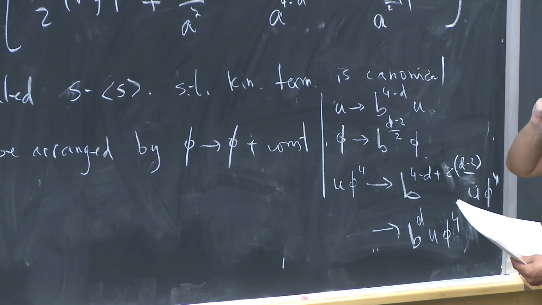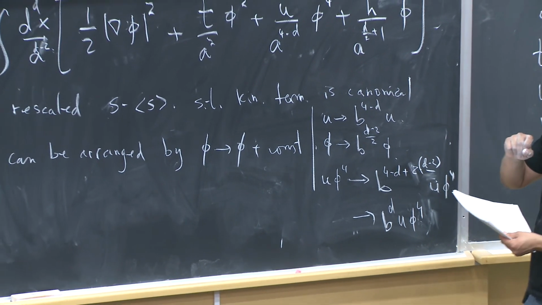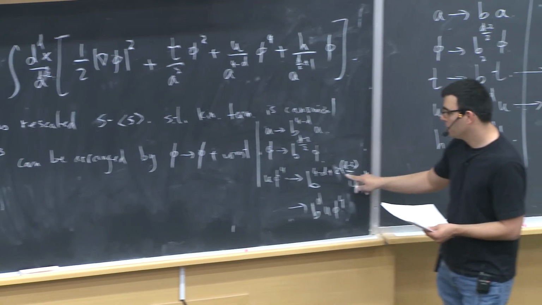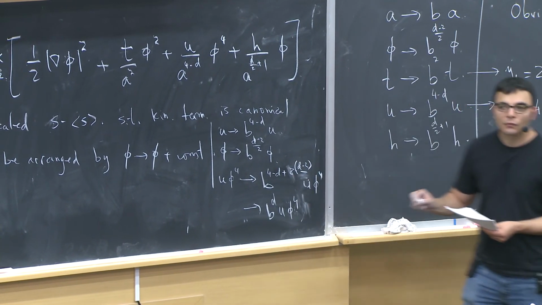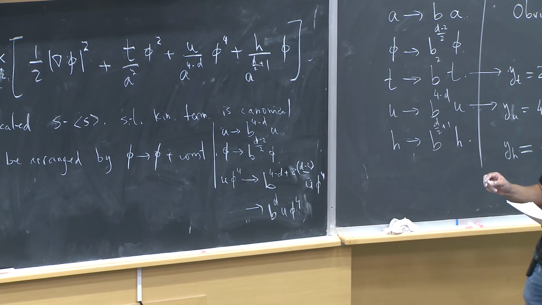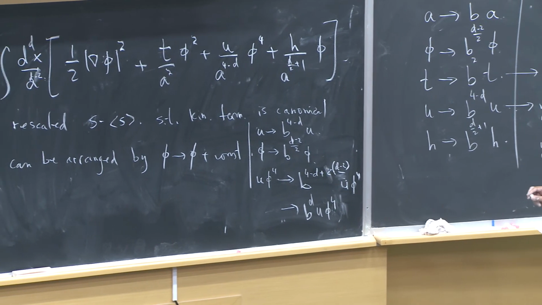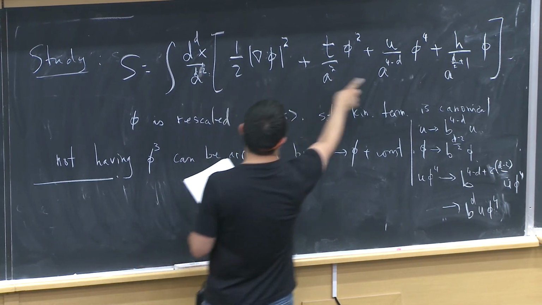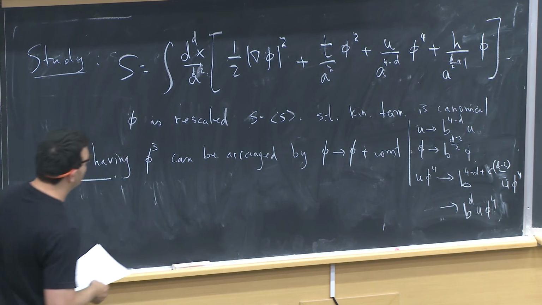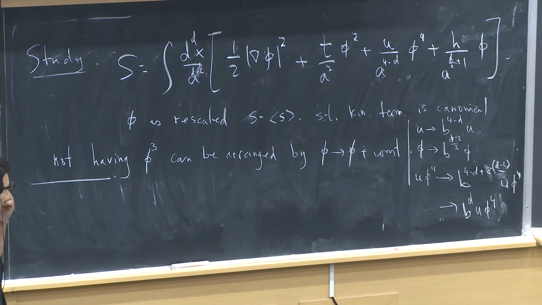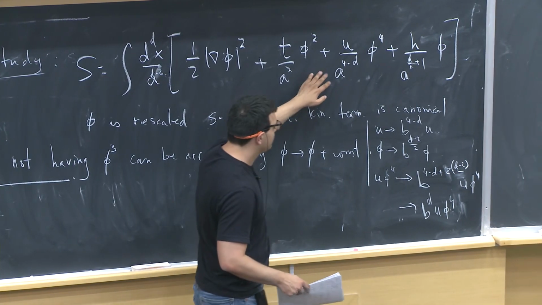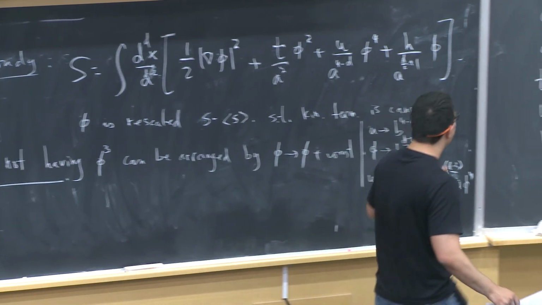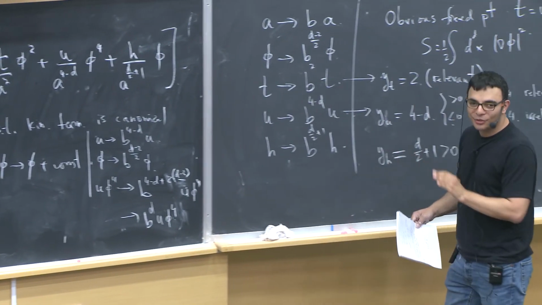Phi has dimension (d minus 2) over 2, right, that's what I used to distribute the a into the parentheses. There's an overall a to the d minus 2 up front, but when I multiply this by that, I get still a 2, and that should have canceled. So maybe this power of a here is wrong. Anyway, the thing that's clear is that phi has scaling dimension (d minus 2) over 2.